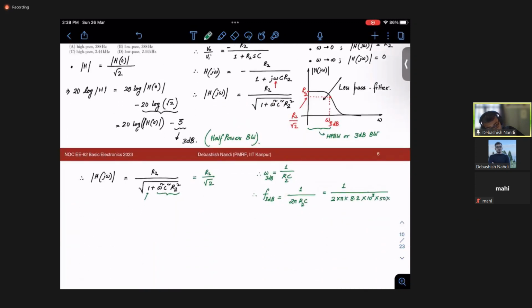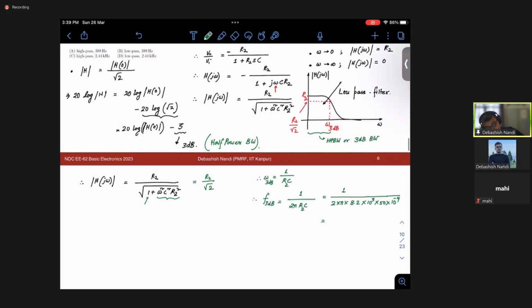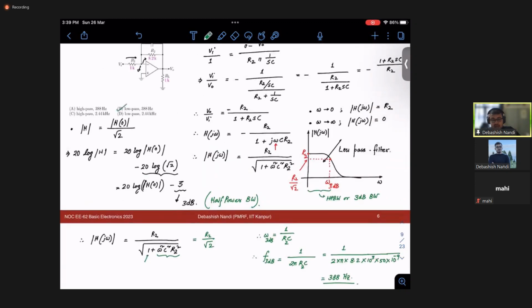So 50 into 10 raised to minus 9. So if you solve it, it will come out to be around 388 hertz, right? So you see your B is your right option, right?